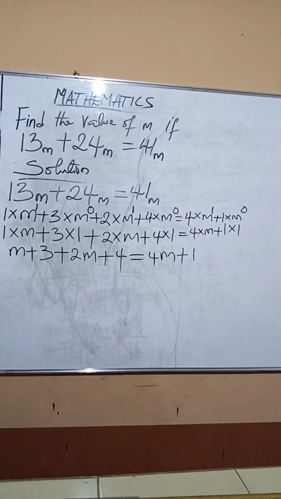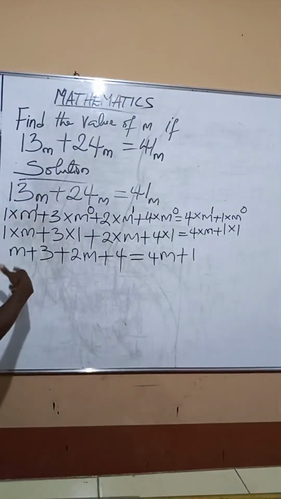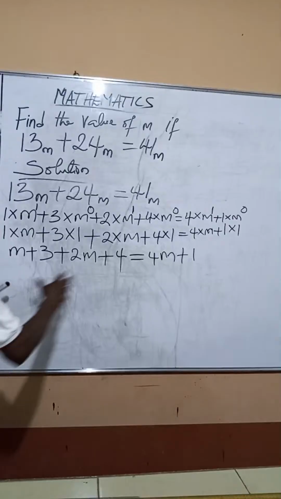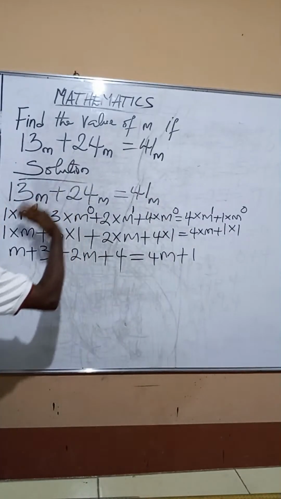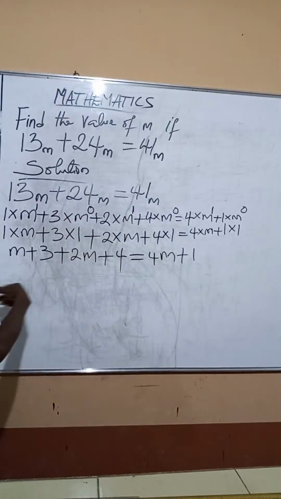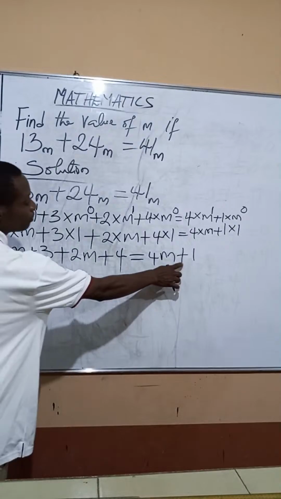Let's transfer all the m to one side and all the numbers to the other side, okay? So this is 4m. Bring all the m the other way and take all the numbers or constants to this other way. So this is 3. We are going to write 3 here. Plus this is 4. We'll write 4. This is plus 1.